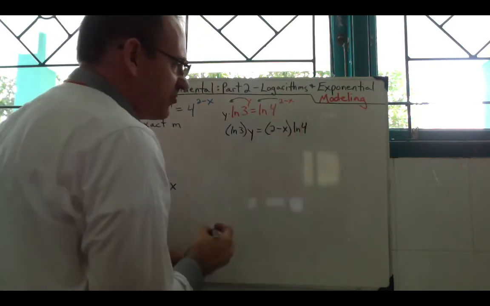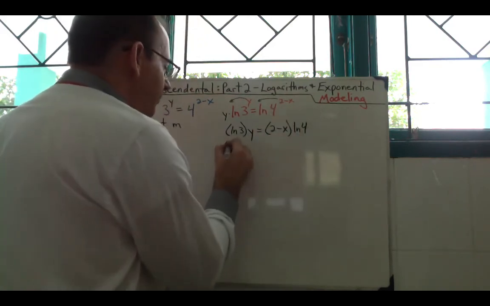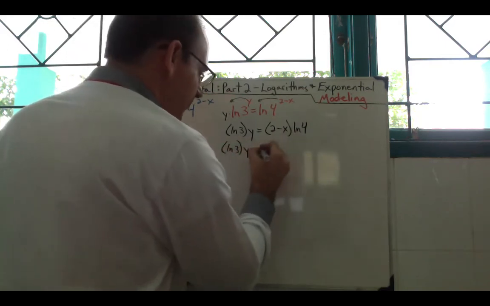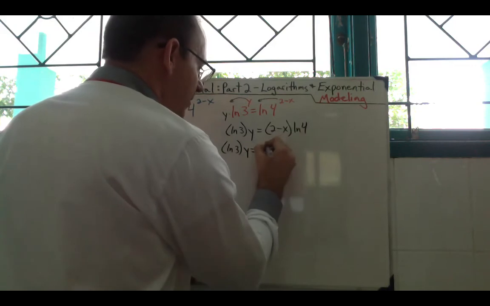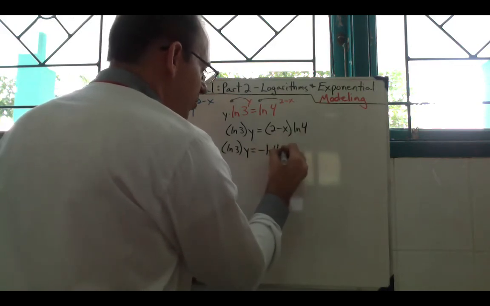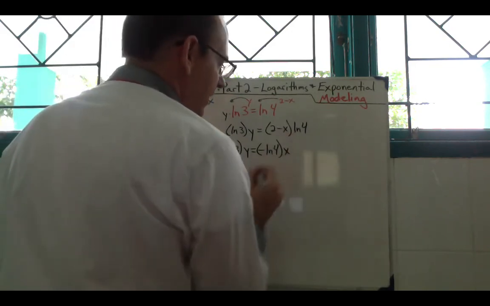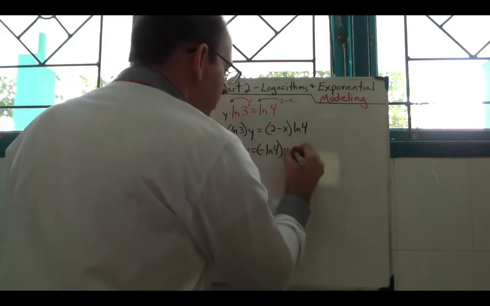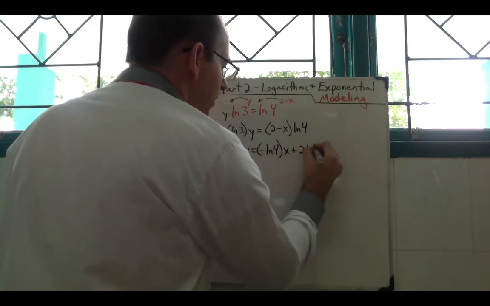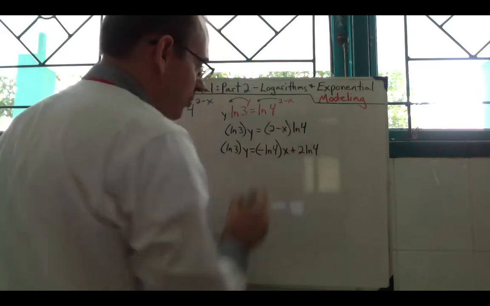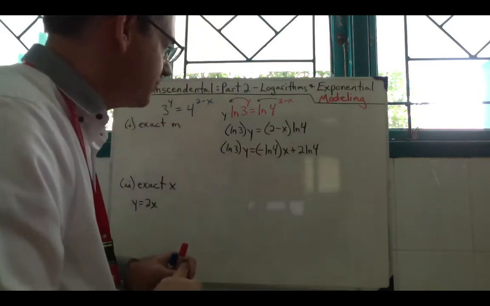So we want to distribute that ln 4, get ln 3y equals a negative, and again the ln 4 is going to be the coefficient of the x, so minus x ln 4 and plus 2 ln 4. So we distribute the ln 4 through the parentheses here.